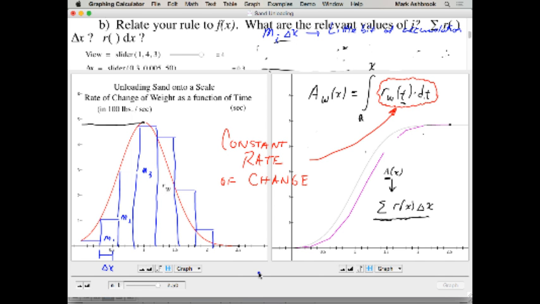Somewhere along the line, 50, 60 years ago, and maybe it's an evolutionary process, but integral got hijacked by these areas of these rectangles. These areas of these rectangles are just an artifact of the way that we graph.